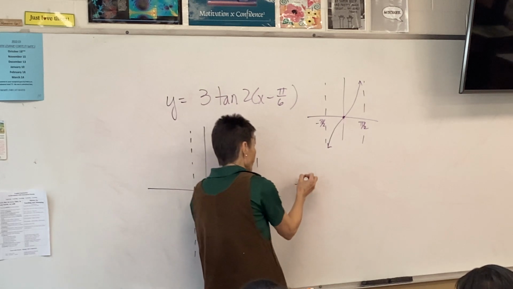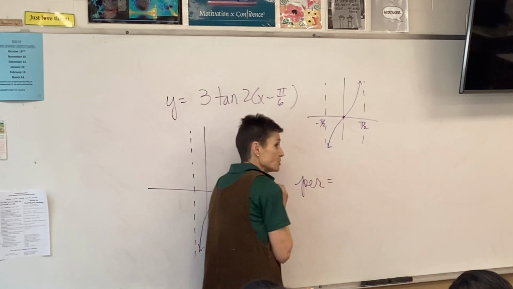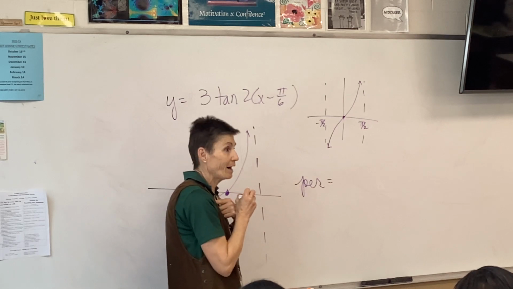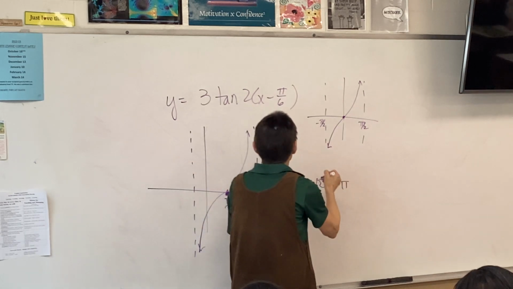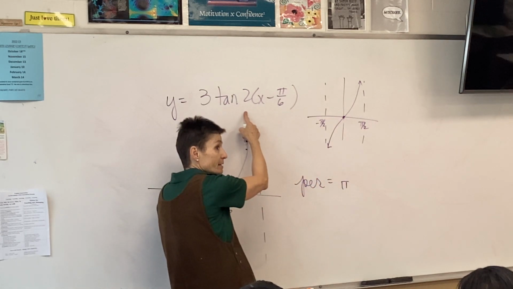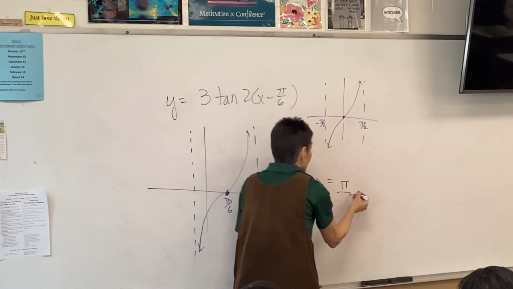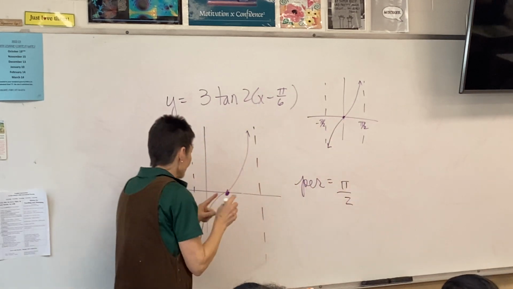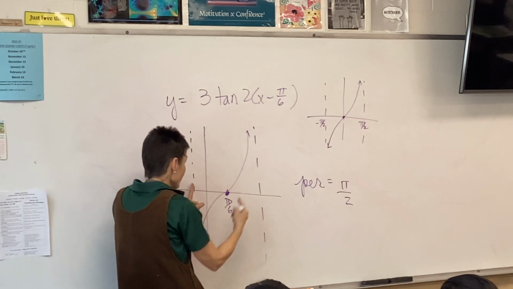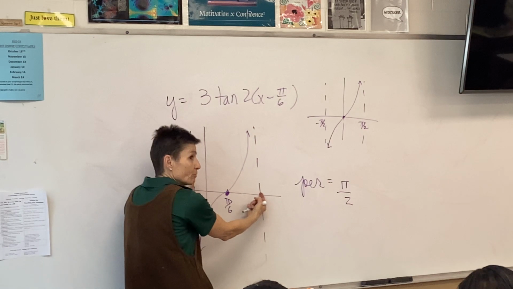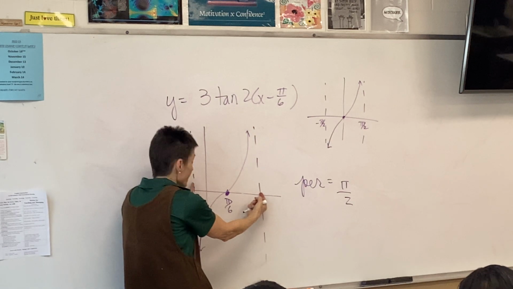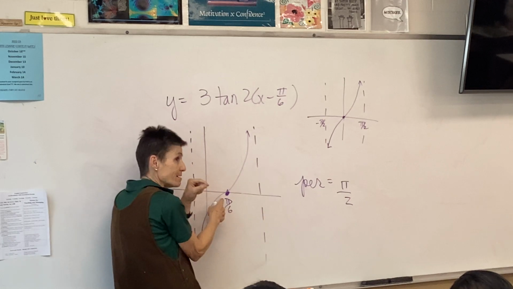Now, the normal period of a tangent is pi. This one has been divided by 2, which means that from finger to finger is pi over 2. That point is right in the middle.